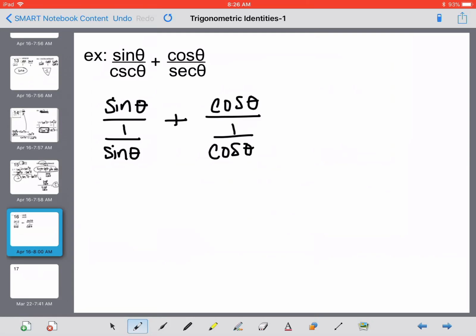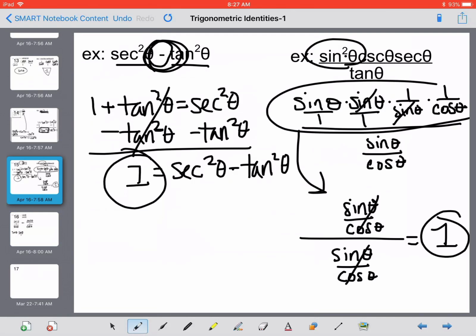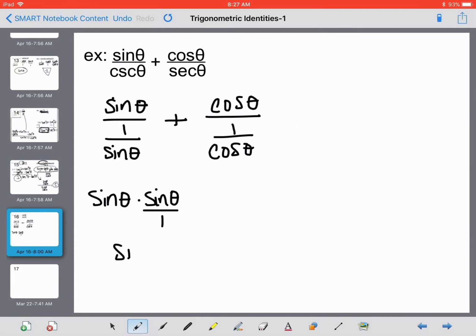Okay, so I'm going to simplify these fractions separately. Remember, when you have a fraction within a fraction, you keep change flip, or keep change reciprocal. So sine theta times sine theta over 1. Well, sine times sine, like we talked about here, would be sine squared. So this is sine squared theta.